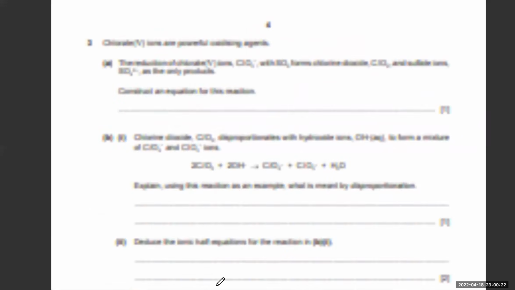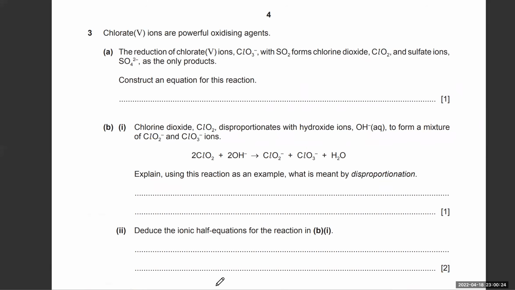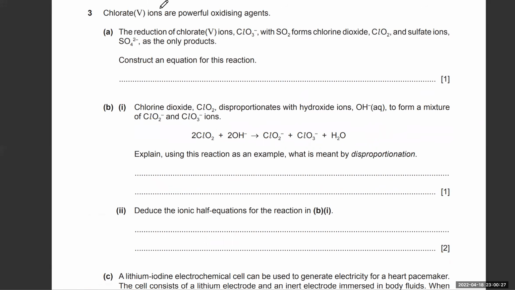We've got, so this one is about, I think, electrochemistry. So the reduction of chlorate with SO2 forms ClO2. So ClO3 minus with SO2 ends up forming ClO2 and sulfate ions as the only product. So that's easy. I mean, you just have to balance this. Remember, sulfur is +4. This is +6. The electrons gained and lost must be made equal.